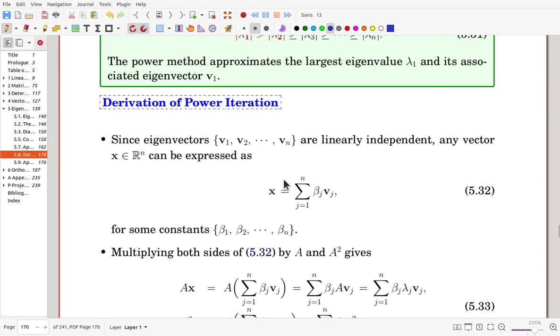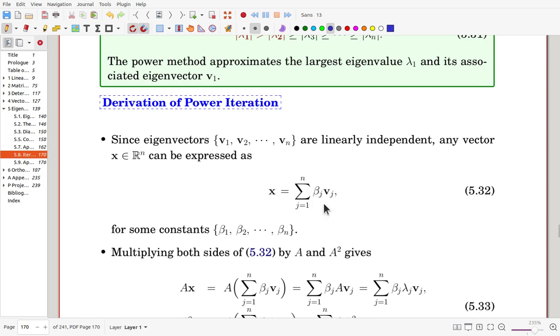Now, because we assumed that the eigenvectors are linearly independent, they form a basis so that any vector in Rn, we can express as a linear combination of eigenvectors, along with some coefficients, beta j.